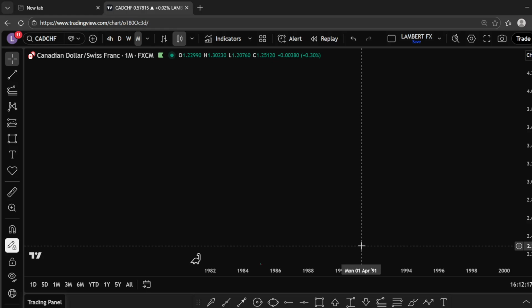In the flat pattern, you have your normal flat, your expanded flat, and then the running flat. And then the third corrective wave is the triangle. So these are the two types of market movements: motive waves and correction waves.